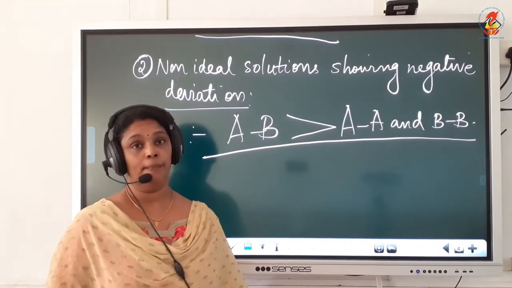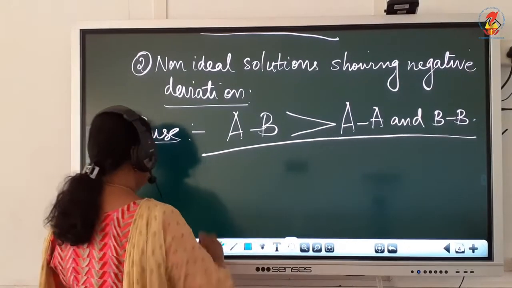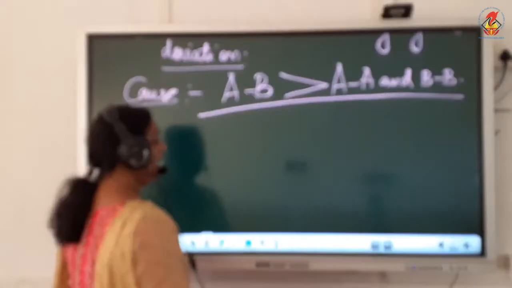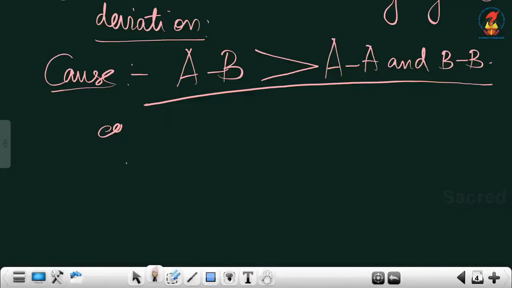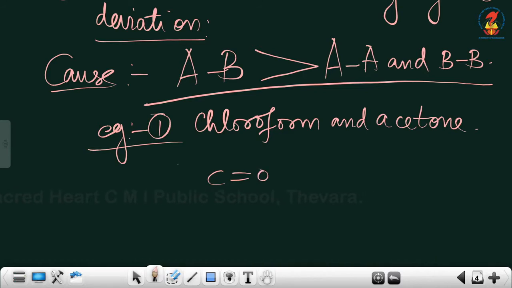Now, there are two examples. The first example I'll explain with chloroform and acetone. First example for non-ideal solution showing negative deviation is chloroform and acetone. Now, you know acetone is CH3COCH3, and chloroform is CHCl3.